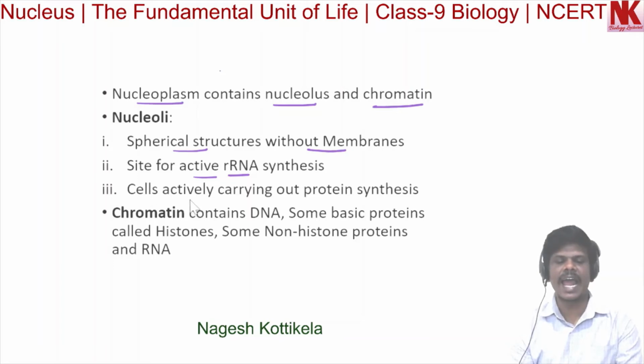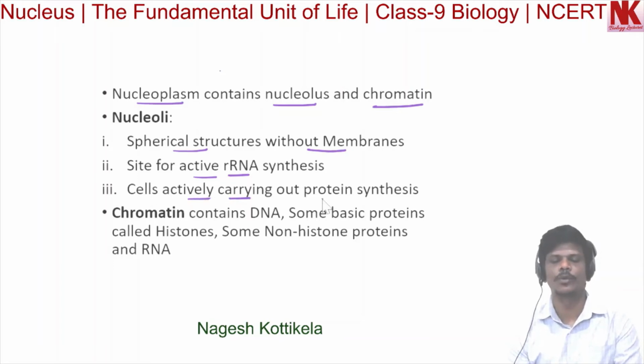Cells that are actively carrying out protein synthesis have large and numerous nucleoli. And coming to the next, that is chromatin. Chromatin contains DNA, some basic proteins called histones, and some non-histone proteins and RNA. All these are present in chromatin.